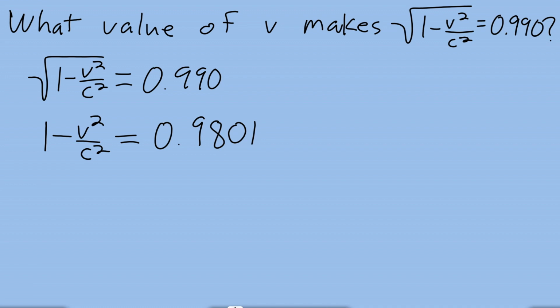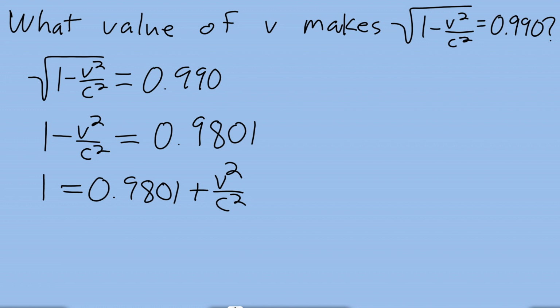So what I'm going to do next is add v squared over c squared to both sides. When I do that, that's going to leave me just a 1 on the left side, equal to 0.9801 on the right side, plus, I've now added v squared over c squared to both sides.